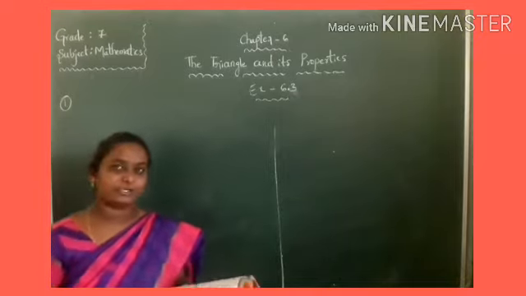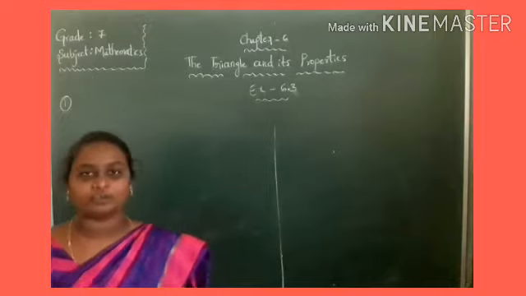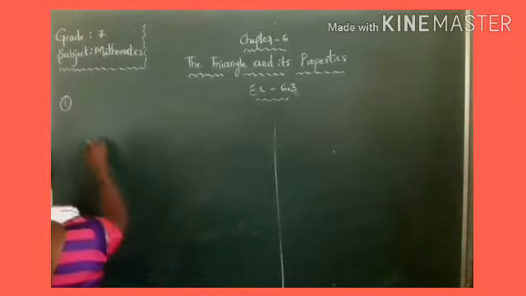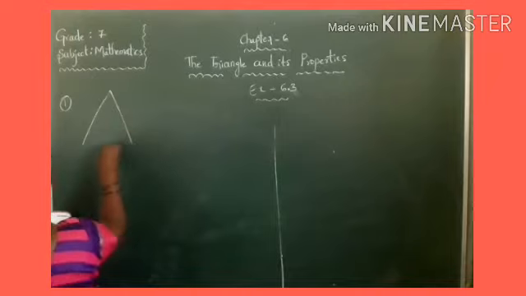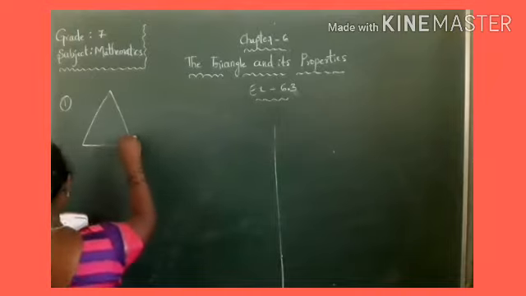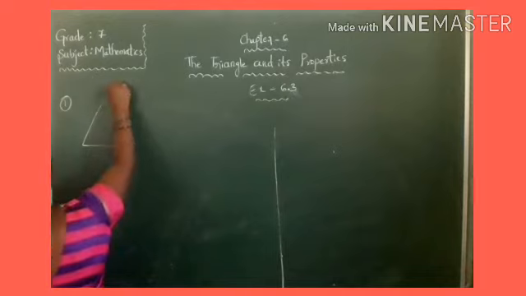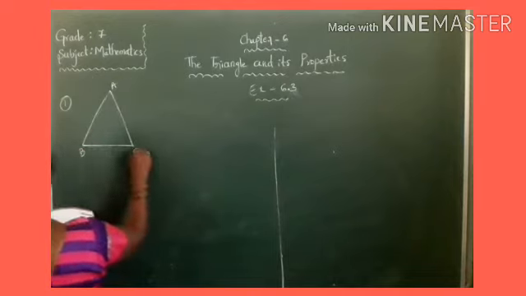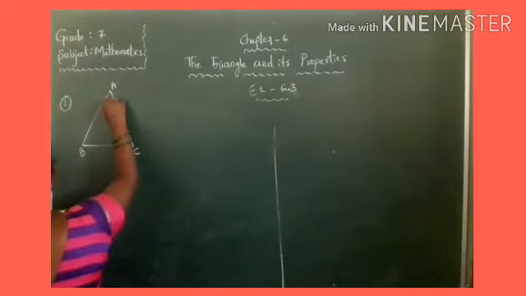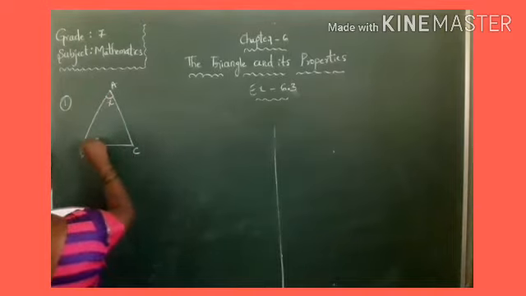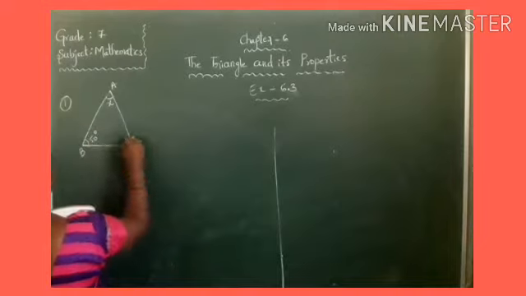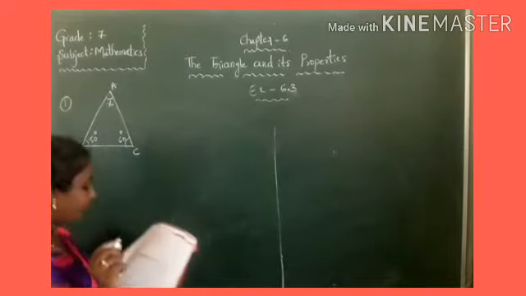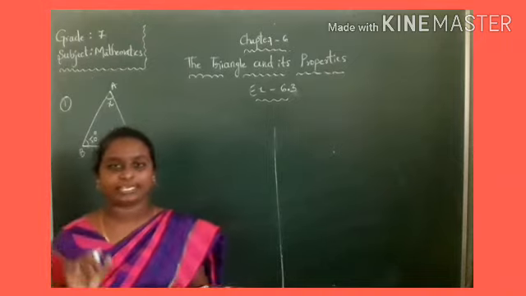Find the value of unknown x in the following diagrams. Some diagrams are given. You have to draw these diagrams with the help of a ruler and use a pencil. Don't draw figures with a pen. Always remember.